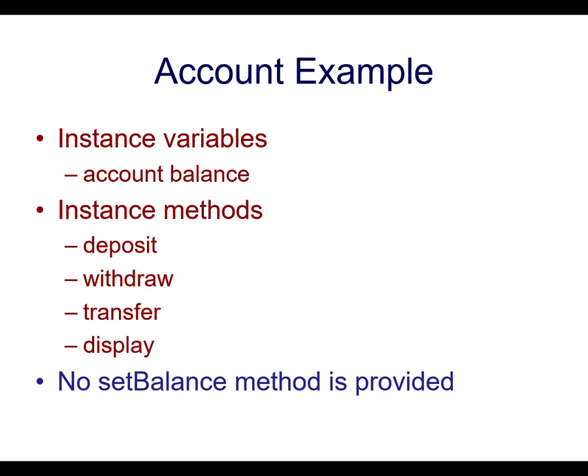You should note that although with the display method we have essentially provided a method that gets the balance, providing one to set the balance would be a very poor design. A bank would certainly not be in business for long if they allowed its customers such an ability. Some textbooks encourage the practice of providing a get and set method for each instance variable.